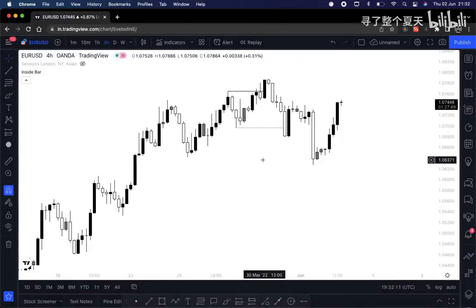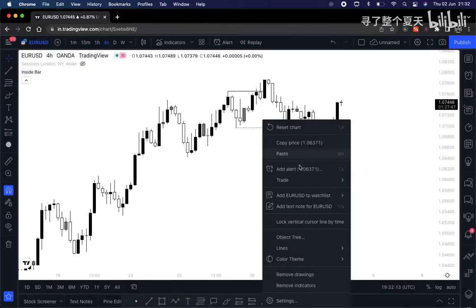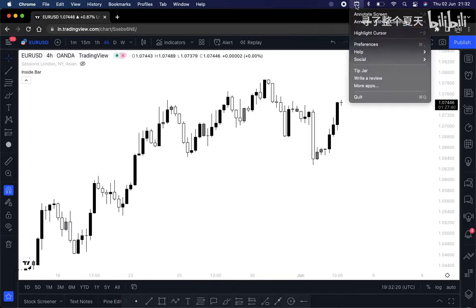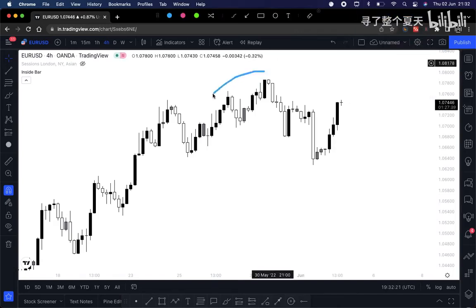Right, so let me just remove all these drawings. Right, so like I mentioned, let's look at this price leg here, right, and try to differentiate between internal structure and swing structure, right?